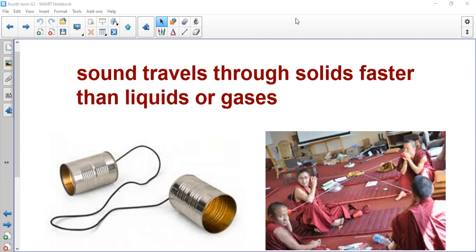Okay, Dalwan, sound travels through solids faster than liquids or gases. Thank you, Dalwan. Okay, Mayan.